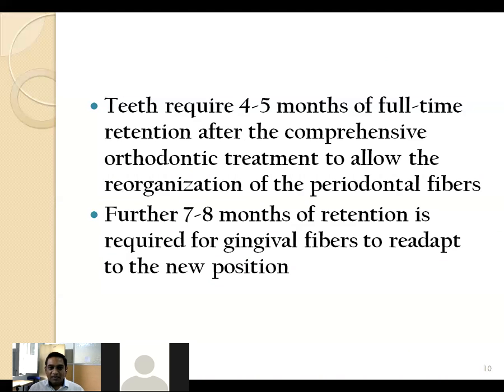To prevent this relapse, we need to hold the tooth for another 4 to 5 months for full time, or sometimes it may be held for 7 to 8 months, which means we have to give a retainer for 8 months after the correction of malocclusion. In this time, the stretched periodontal fibers will reorganize and adjust to the new environment, and thereby we can reduce the relapse of the tooth.